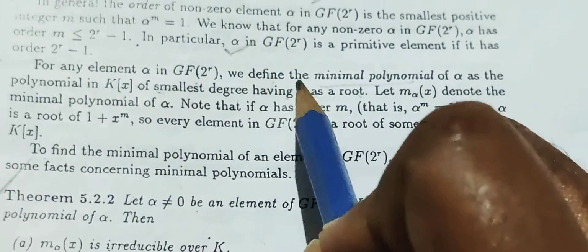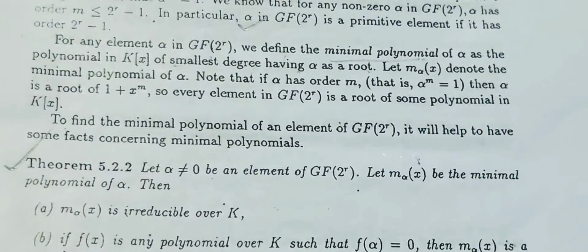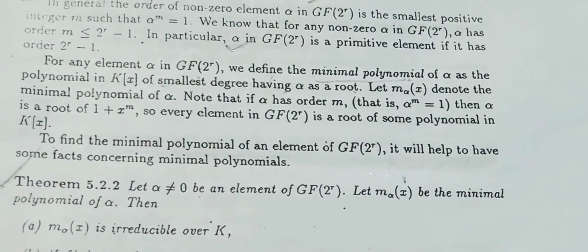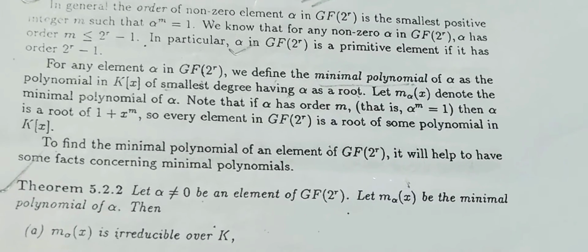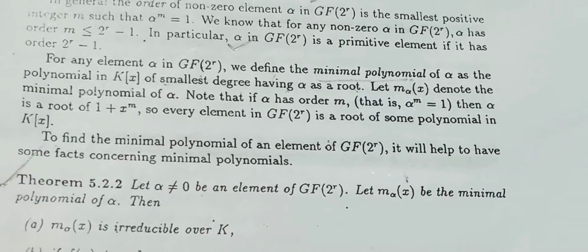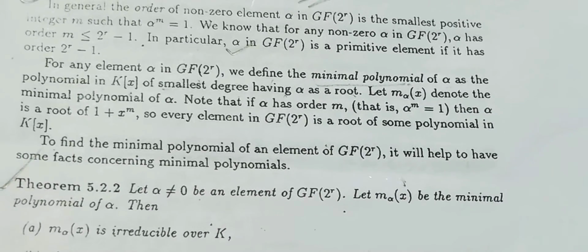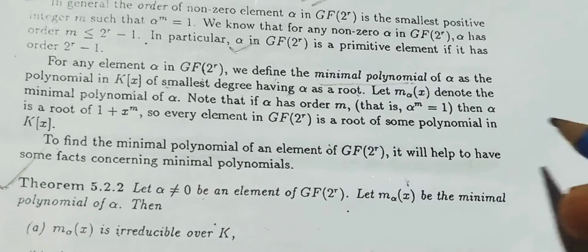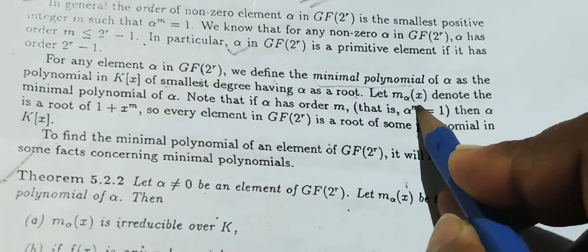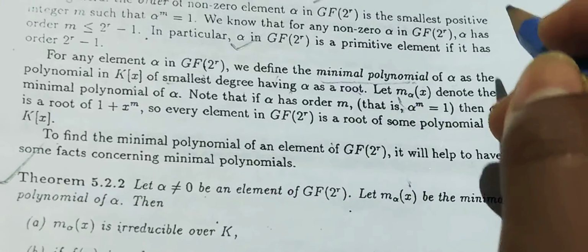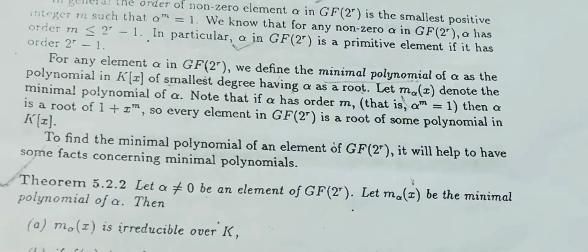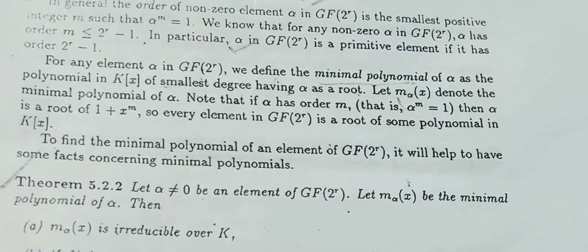That is denoted by m alpha of x. M alpha of x is the minimal polynomial, of smallest degree, and alpha is the zero of that polynomial.